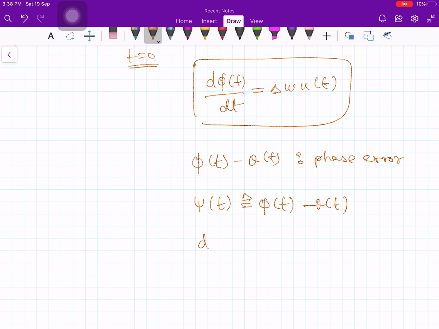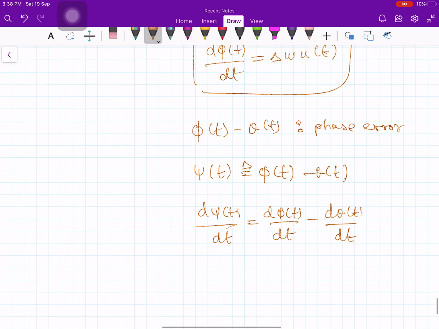Now d psi of t by dt is equal to d phi of t by dt minus d theta of t by dt. Why am I doing this in differentiation? Because I want to write in terms of instantaneous frequency.